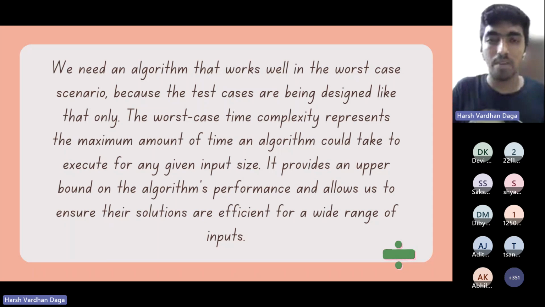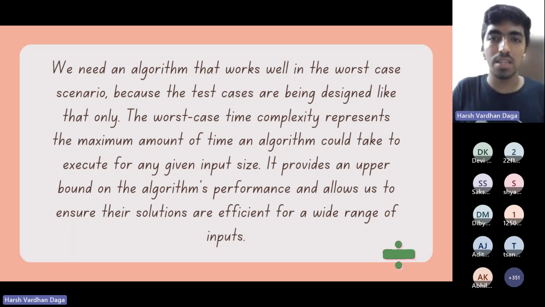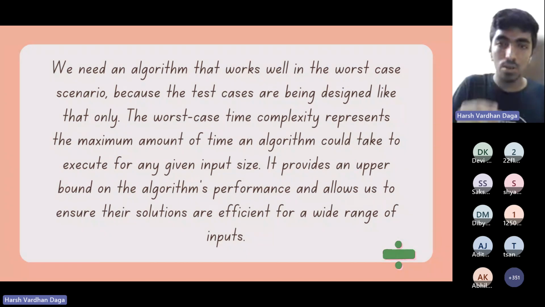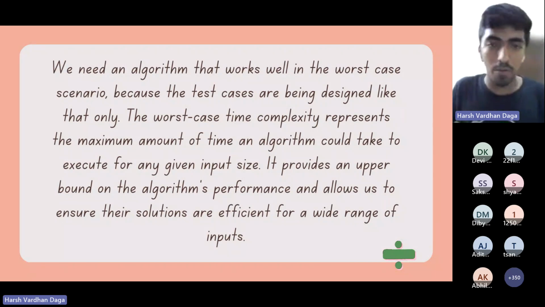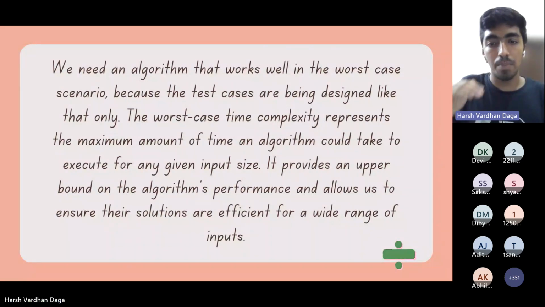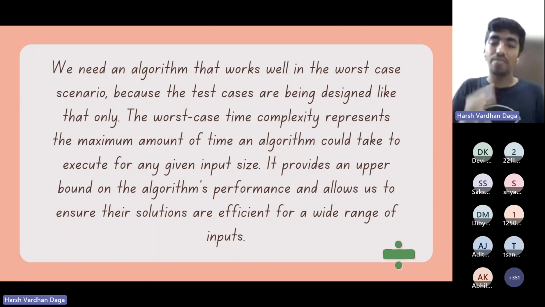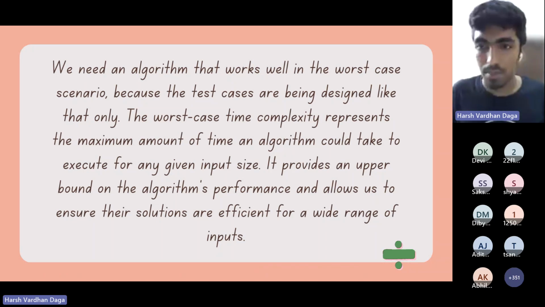By worst case, we mean that input data is set in such a form that we need to perform the maximum number of operations, which implies that the maximum amount of time will be taken to run the following code. It provides us an upper bound for the performance of our algorithm and allows us to ensure that our solution is efficient and will run for a wide range of inputs.